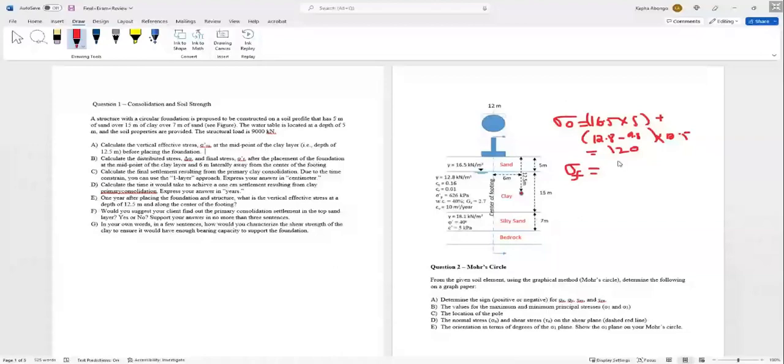The loading, XF will be 0, and going downward, ZF over B: this is 5 plus 12.5, 17.5, over B is 12, so 1 point something. So you calculate the final stress at that point from the method I've told you.